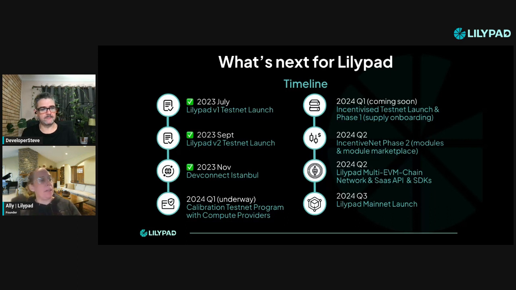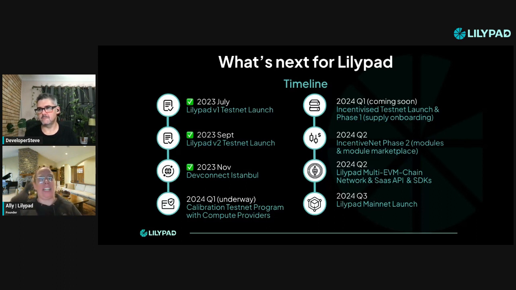Firstly, what's happening more short-term is we'll be launching an incentivized testnet, as I kind of mentioned a little bit earlier. We'll go through phases of that incentivized testnet. The first will be onboarding supply. So if you have a GPU or even a CPU in some instances, you'll be able to be incentivized to run on the network. The next part will be about incentivizing modules and building out that module marketplace I briefly spoke about.